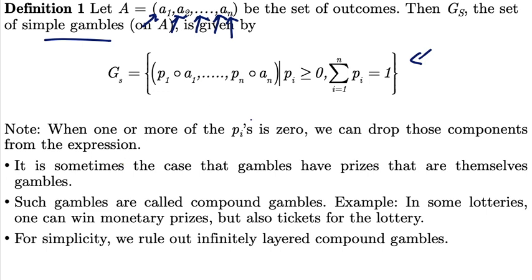Now, if you look at the example that I used just now, this is the set of simple gambles. However, sometimes there's a case where, when you play a gamble or involve yourself in any kind of situation that involves gambling, the result of the outcome itself, or the prize or the payoff, is sometimes a gamble itself.